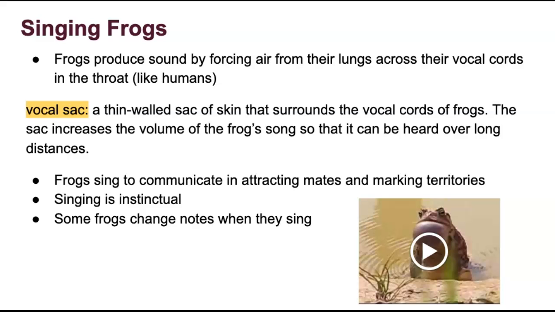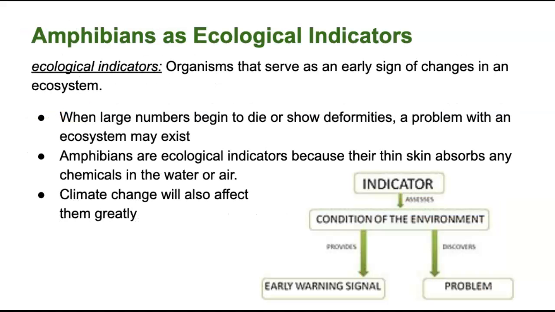Frogs use this ability to sing through the vocal sac to attract mates and to mark territories. The singing is an instinctual thing. It means that they don't have to learn it. They can do it. And some frogs are even able to change pitches when they sing. So here's a video that I will post on my website that tells you a little bit more about this idea of singing frogs.